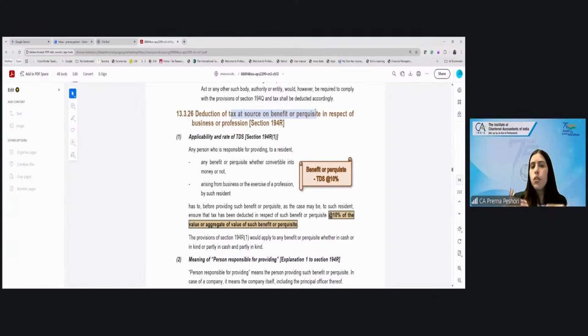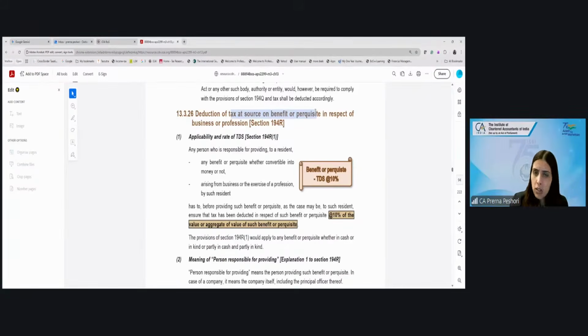For example, loan waived off, that is subject to 28(4). Any rent-free accommodation given, any shares given to the director, any gift given to the person. This is the benefit or perquisite, and the deductor is required to deduct TDS under 194R.